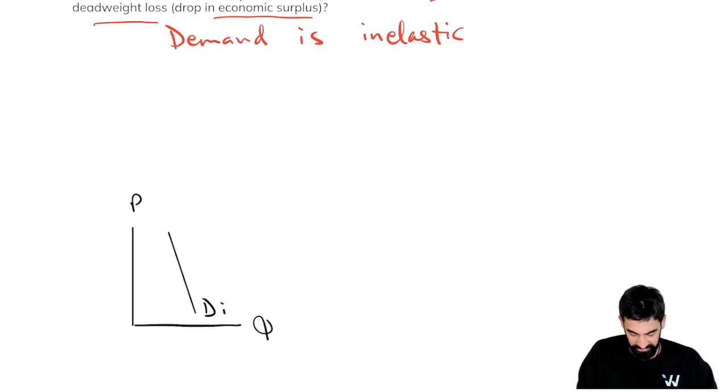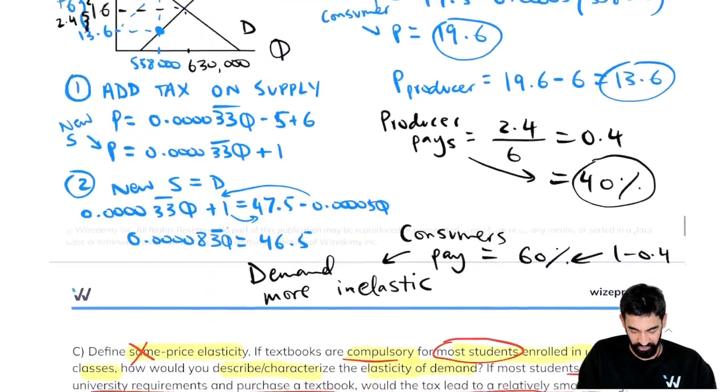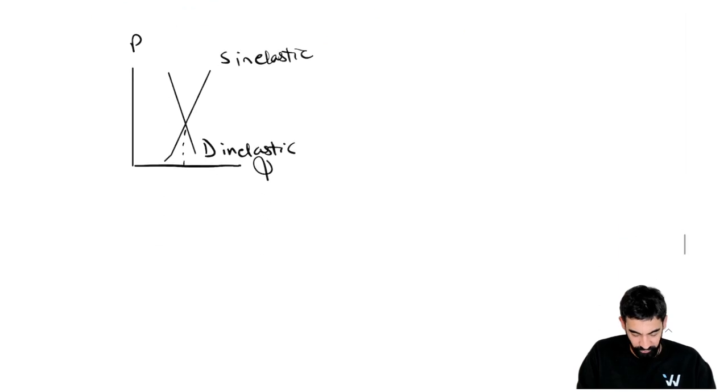So when demand is really inelastic, and if the supply is really inelastic as well, here you see the quantity will not change much because they're both really steep. Let's say you have this equilibrium quantity, which was whatever, 630,000. Let's say it was just 100 to keep it simple.